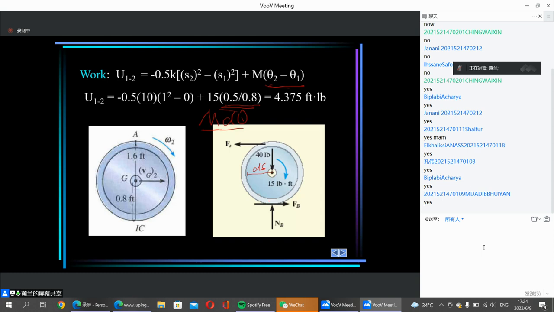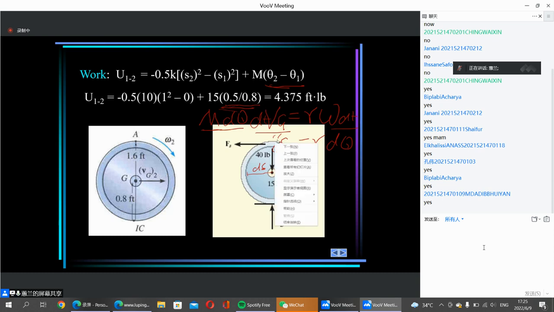Never forget, it's no slipping, so we have Vg equal to r omega. Omega is the angular velocity, times dt, Vg dt will be the displacement, and omega dt will be the angular displacement. That's why d theta equals dsg over r.